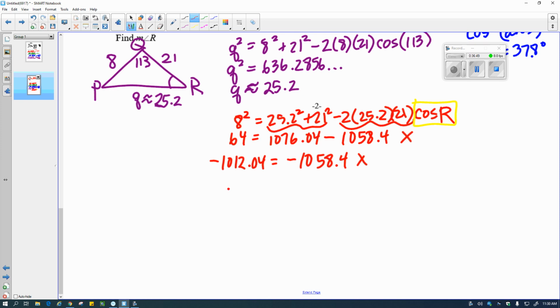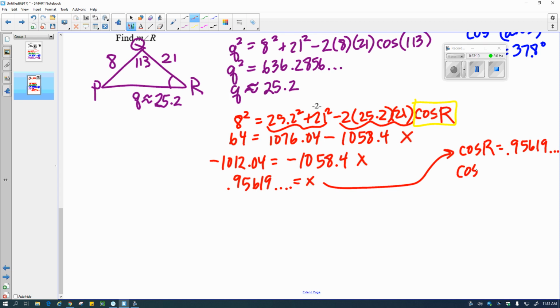So 0.95619 blah, blah, blah is x. But I'm not solving for x. I'm solving for the cosine of r. So now I'll do the cosine inverse of that answer to get r. So second cosine, insert the answer, and I got r to be 17.0 degrees.